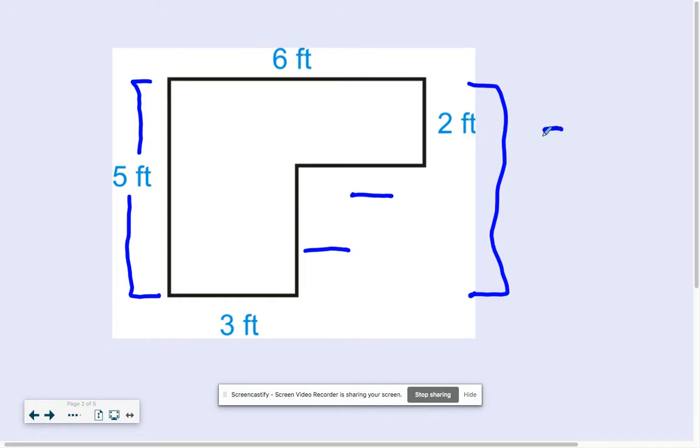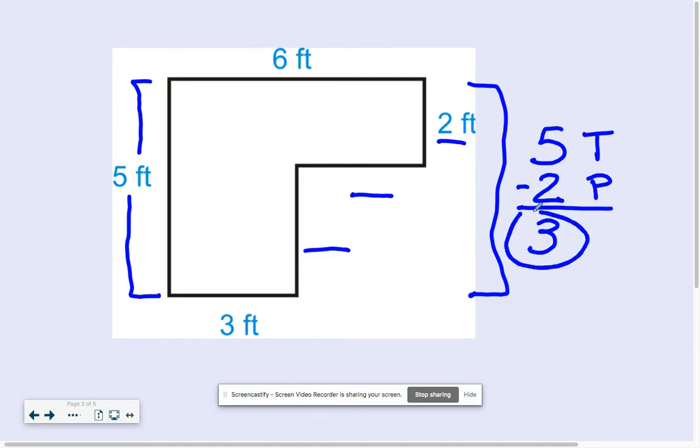The total amount was 5. That was our total. And we are given a part, 2. I can take my total and I can subtract my part to find my missing part, which is going to be 3. So this side right here is 3 feet.